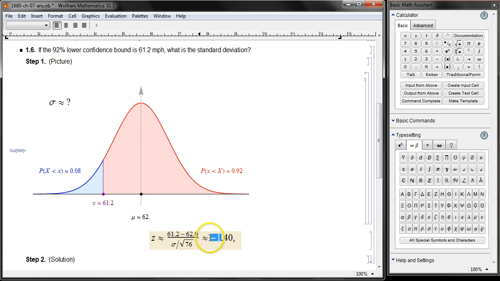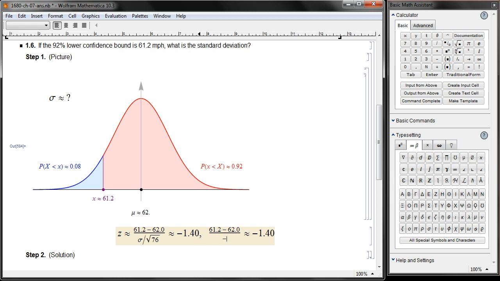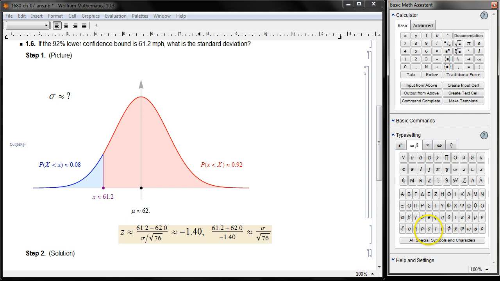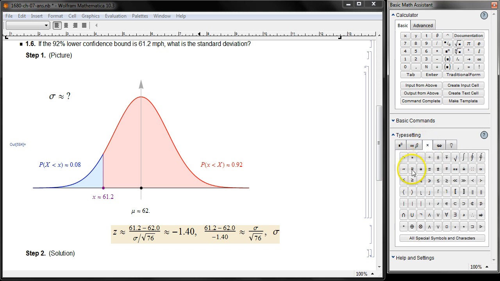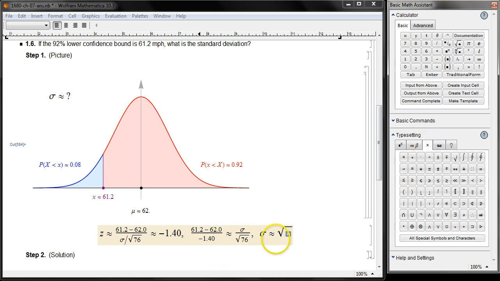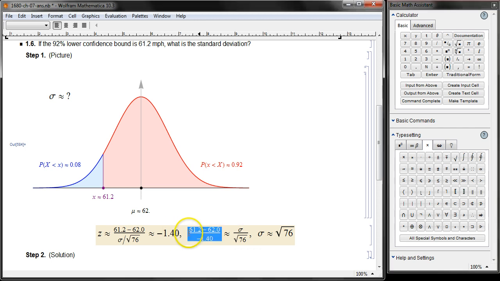This denominator and the other side, we can switch them. In other words, this becomes negative 1.40 and this one becomes sigma over square root of 76. If I just multiply the square root of 76 to all these, I'm going to get my sigma value. Sigma is approximately equal to the square root of 76 times this quantity.